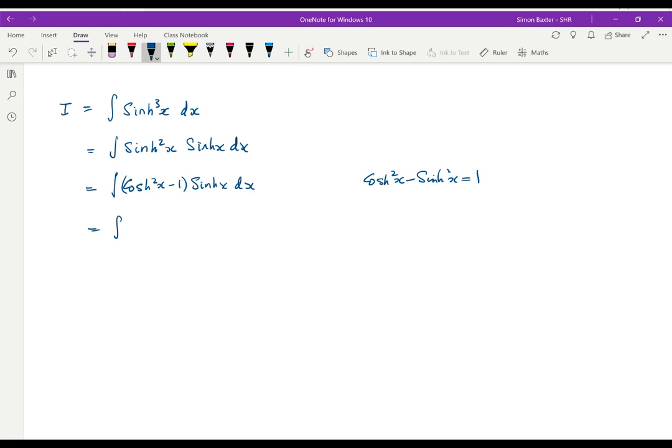I've now got the integral of cosh squared x sinh x, which by now you should look at as something nice and easy, minus sinh x dx. Integrating cosh squared sinh must have come from cosh cubed. Differentiate cosh cubed, 3 cosh squared sinh, so I get 1 over 3. Integrate sinh, I get cosh plus c.